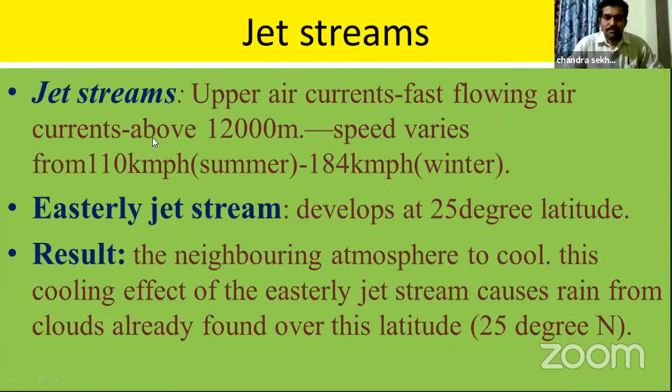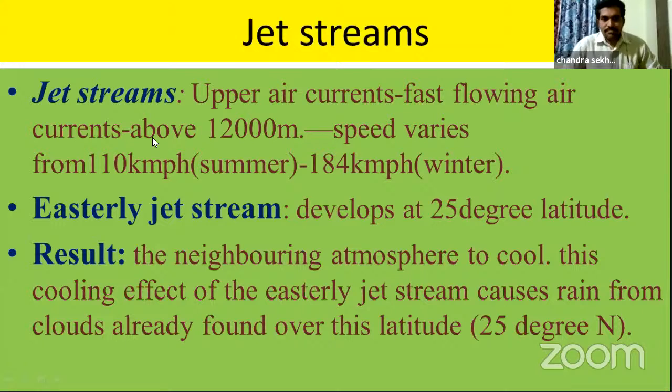The speed of these upper air currents varies from 110 kilometers per hour in summer to 180 to 184 kilometers per hour in winter. These currents flow in a narrow way, that's why they are called jet streams, with a high speed of 110 to 184 kilometers per hour.